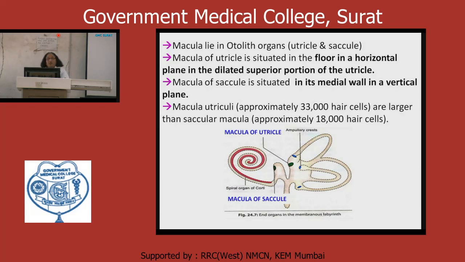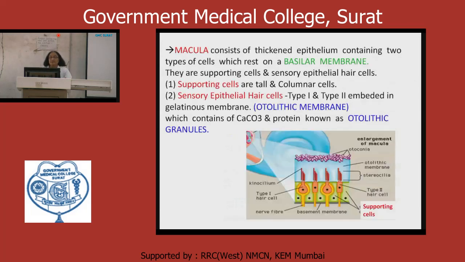Now the macula consists of thickened epithelium containing two types of cells which rest on the basilar membrane. In the given diagram, at the bottom of the figure, we can see the basilar membrane.